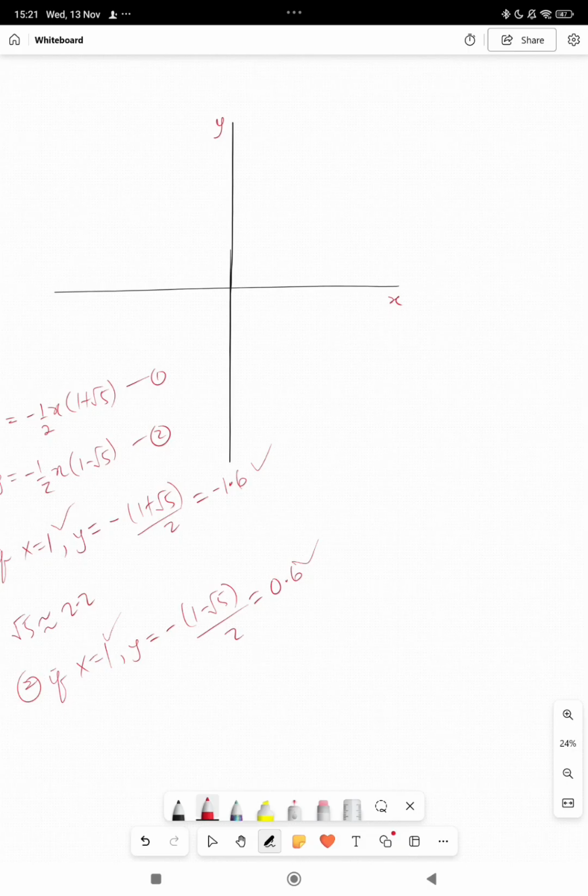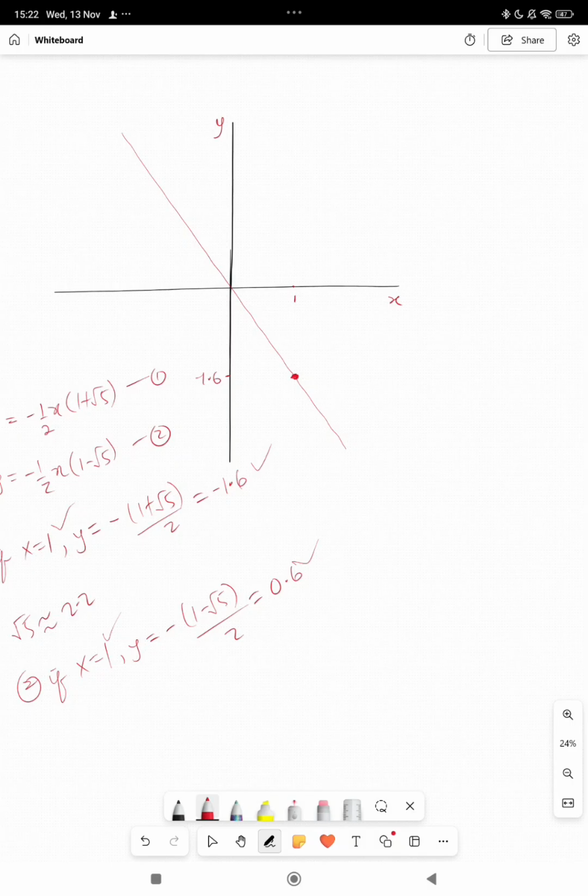So when x equals 1, let's say 1 is for x here, y is -1.6. So 1.6, let's say it's over here. So -1.6. So assuming they'll meet at this point, and that line will pass through the origin. So we have this line.